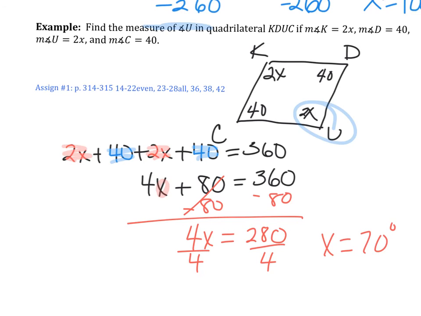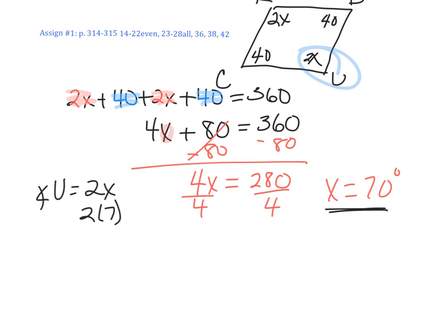Now, looking back at that question, it's asking us to find the measure of angle U. So I see the measure of angle U is equal to 2x, so I'm going to use that x is equal to 70 and put in 2 times 70. Oops, that should be a 70.